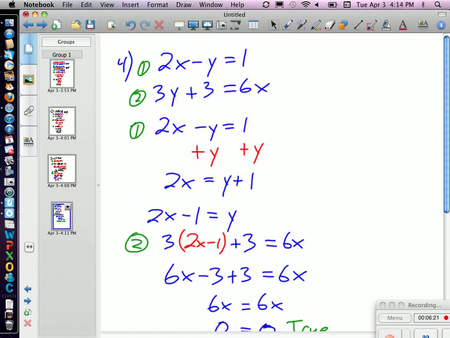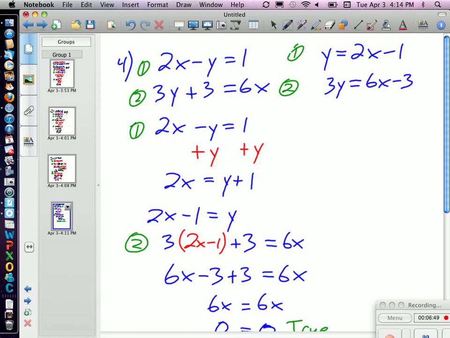well, we could solve for y on both of them. In equation 1, let's solve for y, which we did already. So it was y equals 2x minus 1. In equation 2, if we solve that for y, we would start off with 3y equals 6x minus 3.